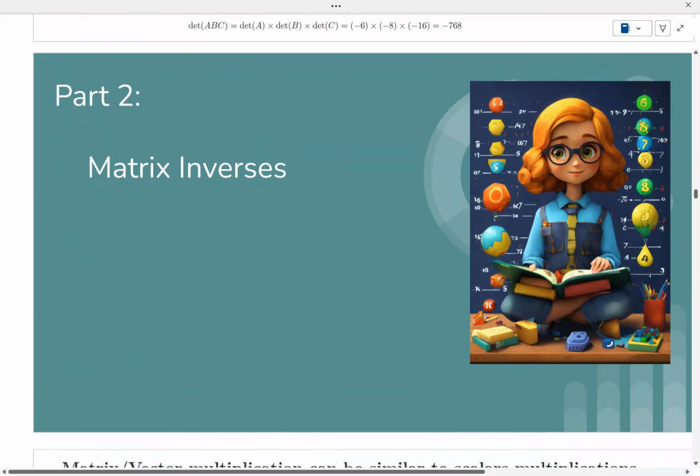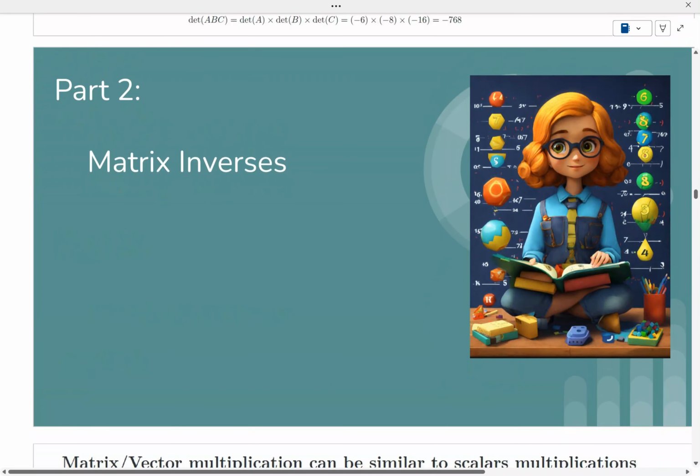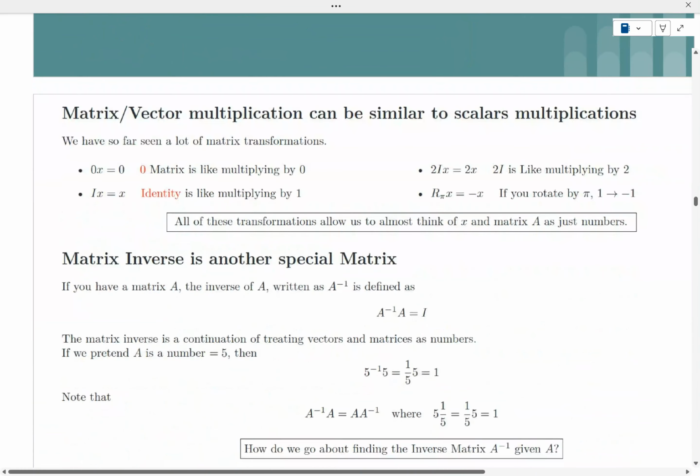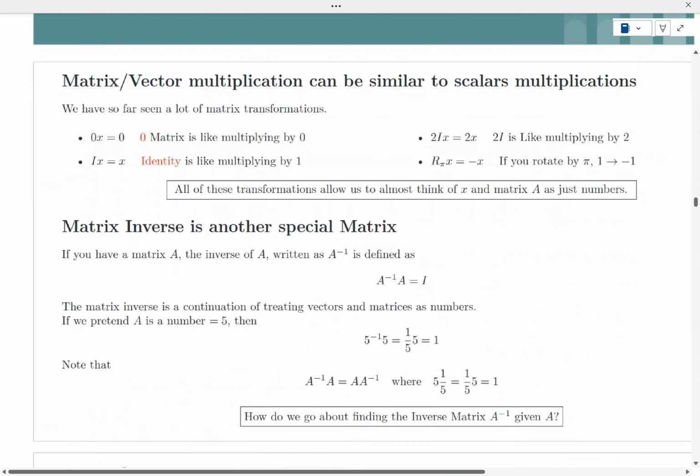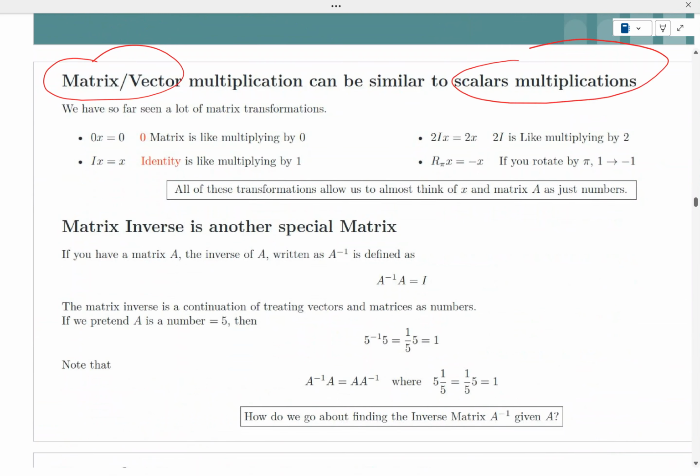All right, next we're going to build on top of determinants and talk about something else different called inverse. Matrix inverse. Well, what is a matrix inverse? Previously, we looked at how matrix vector multiplication is kind of similar to regular multiplication, right? We have analogues.